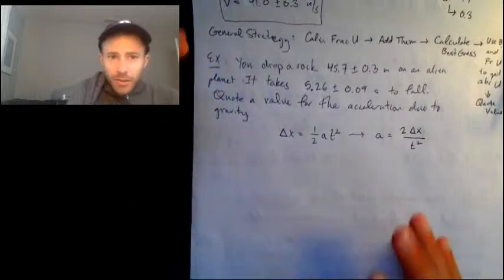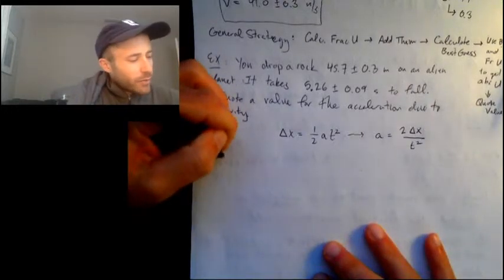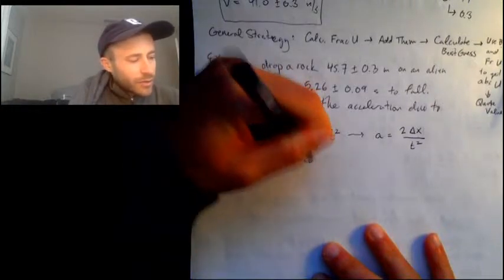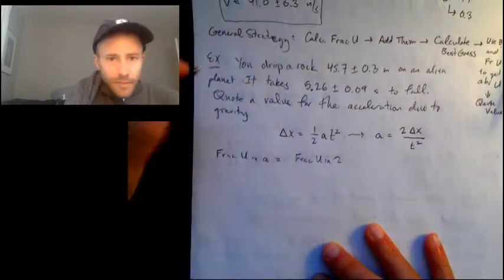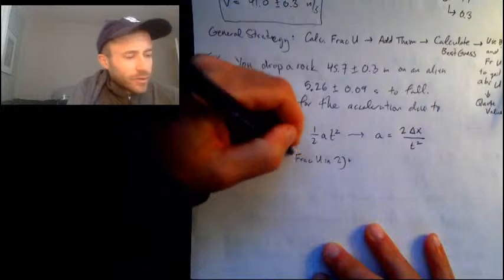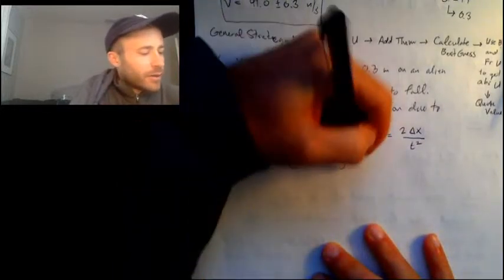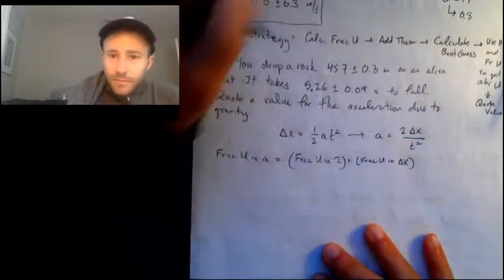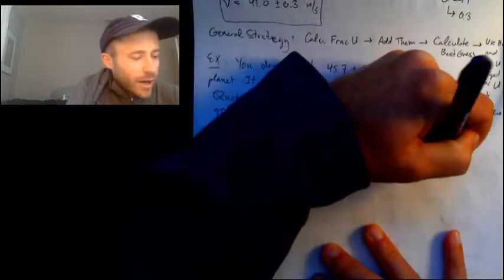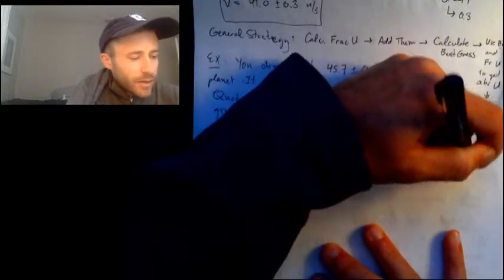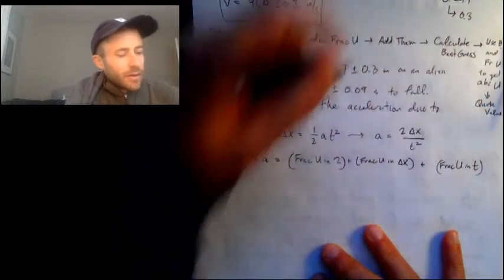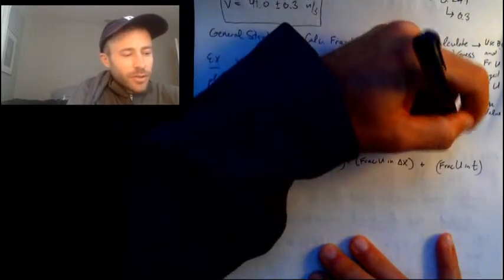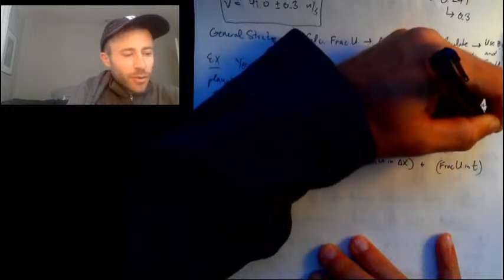So what that means is I'm going to be calculating with fractional uncertainties. The fractional uncertainty in acceleration is going to be the fractional uncertainty in 2, plus, because it's 2 times delta x divided by t squared, the fractional uncertainty in delta x, plus the fractional uncertainty in t, because I'm thinking about this as 2 times delta x times 1 over t times 1 over t.